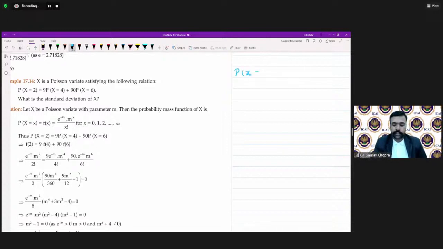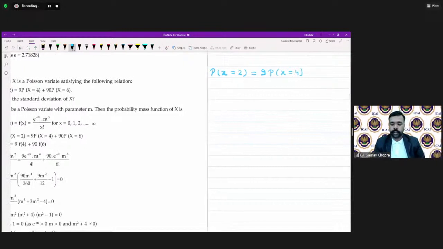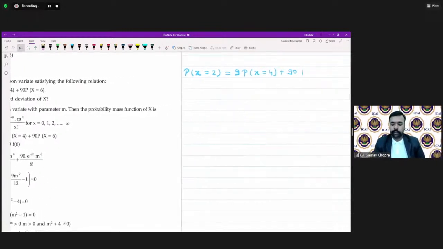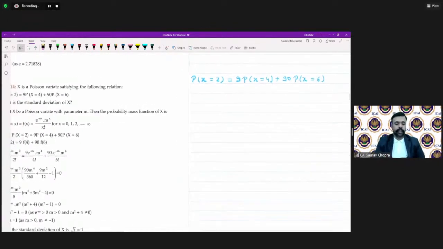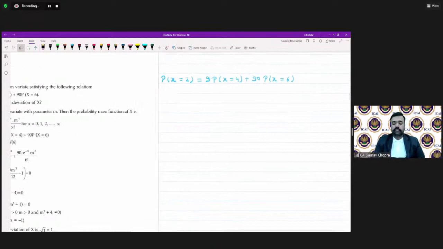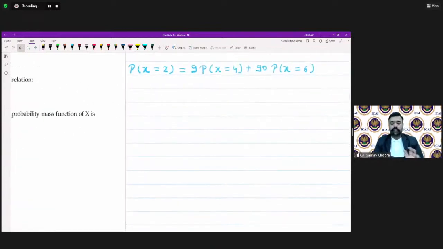Probability X equal to 2 equals 9 times probability X equal to 4 plus 90 times probability X equal to 6. Okay. So this is the question and we have to find out the standard deviation. So let's apply the formula.